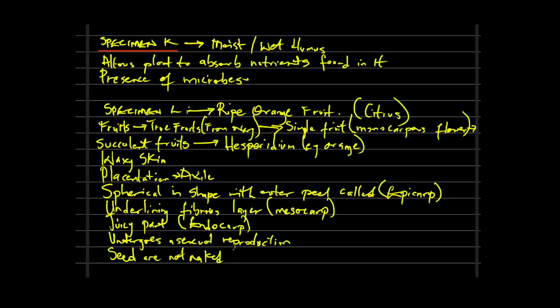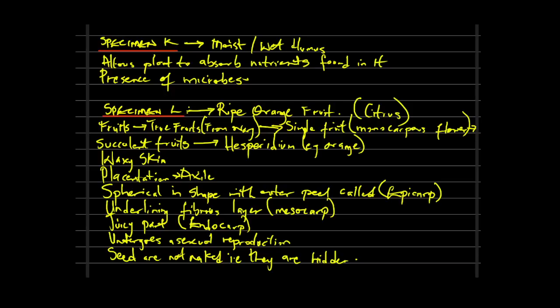That means they are hidden. The seeds are hidden in the fruit. So that is what we have for the specimen of the ripe orange fruit.